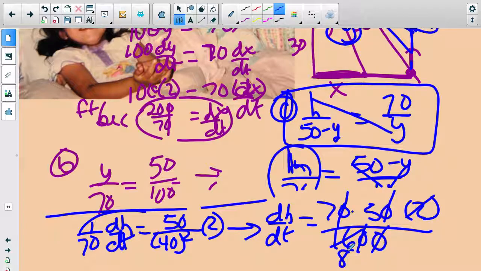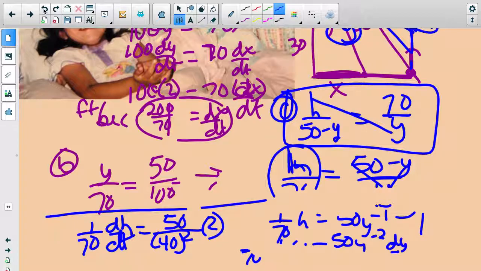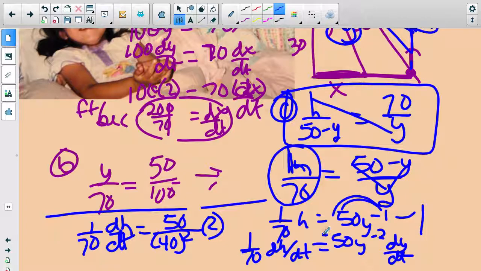Oh, by the way, I lost something also in the process of being in a big hurry. It was negative 50 y to the negative 2. So let me go back. This is real important. So right here, when I bring this down, that should be negative 50.